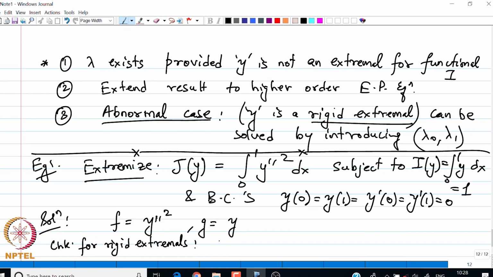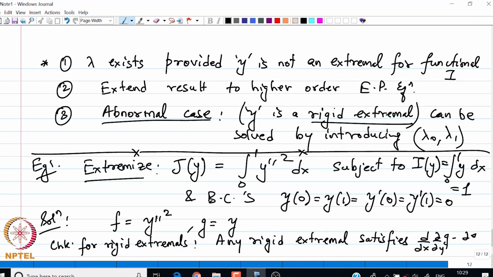Any rigid extremal will satisfy the Euler Lagrange equation with the function g set equal to 0, where g is the function for the integrand of my isoperimetric constraint I of y.